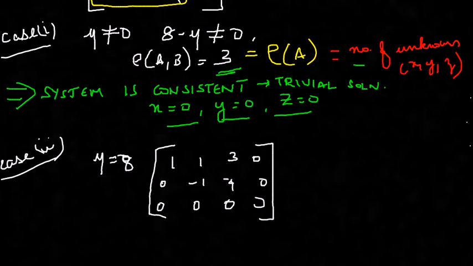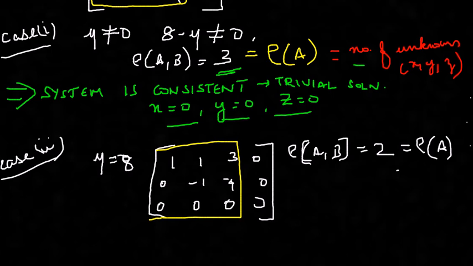So in this case, the rank of A comma B will be equal to 2, because I have only 2 non-zero rows, which is also equal to the rank of A, because if I take the A matrix alone, I will again have only 2 non-zero rows.